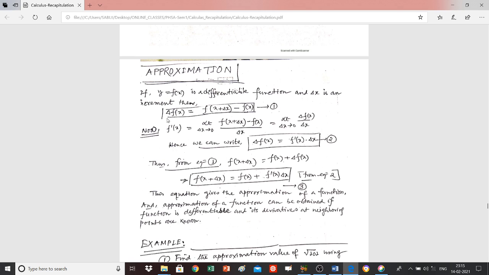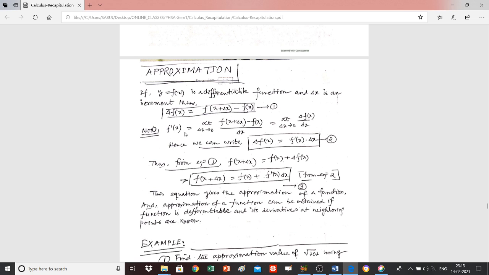So the incremented value of this function can be written as delta f(x), and that can be found from the value of this function at x plus delta x minus the initial value, that is f(x). So delta f(x) is equal to f(x plus delta x) minus f(x).